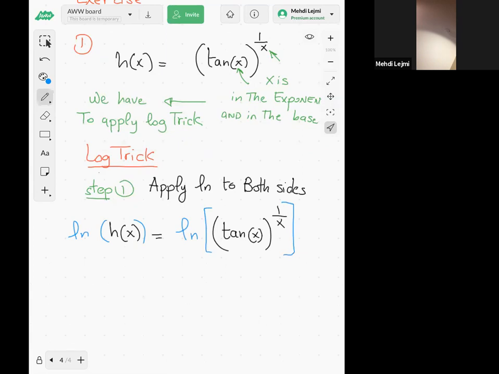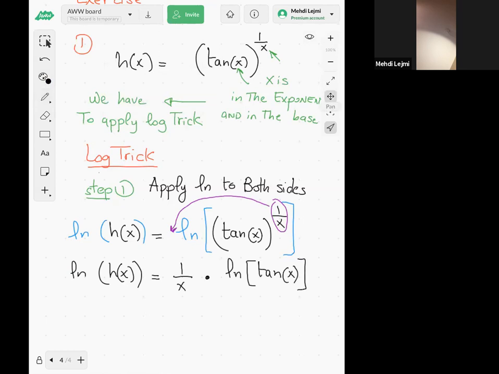And the point is, why do we apply a natural log? Because now I can bring this power down here. Okay, so now it's ln of h of x equals 1 over x, okay, times natural log of tangent of x.